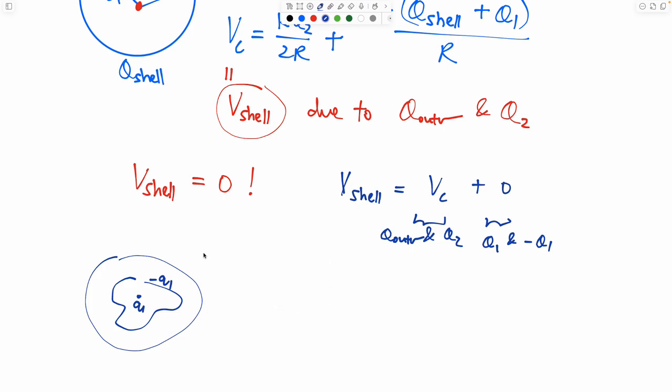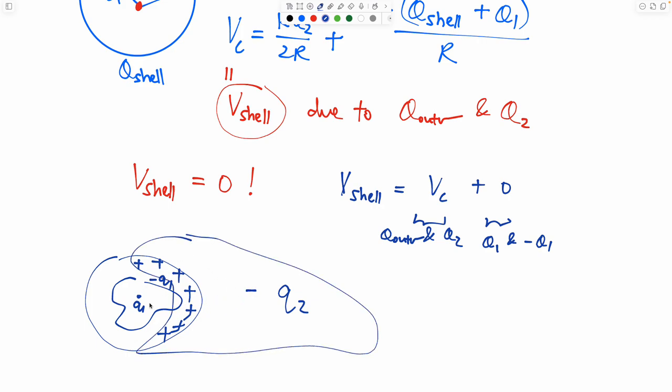This is always true. And then there is the other case, which is that if you put a charge Q2 outside, then there will be some charge, it does not have to be negative Q2, and this configuration produces zero field inside. So two things: zero field outside if there's a charge inside, zero field inside if there's a charge outside.